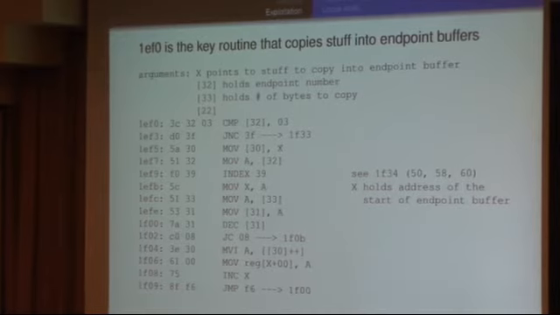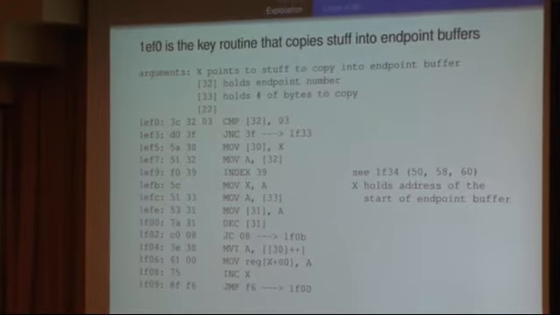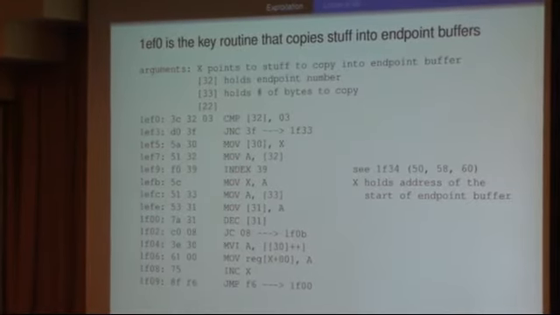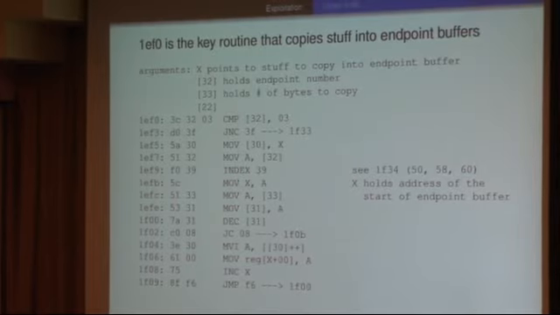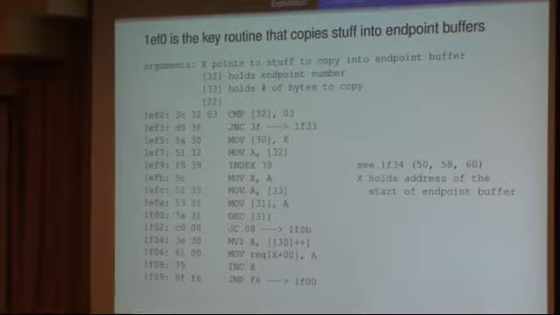That address is put into memory location X. This routine is used for more than just keystrokes; it's also used for enumeration and various things. So at 32, we put in the endpoint number. When we're dealing with the keyboard function, we put a 1 there. At 33, we'll have 8. This is from Apple's firmware, the routine that does the heavy lifting.